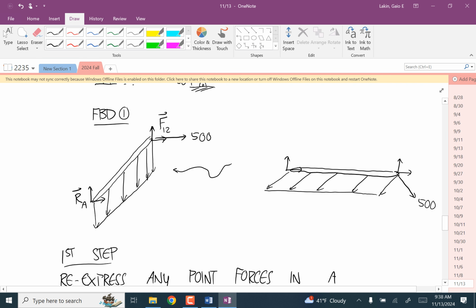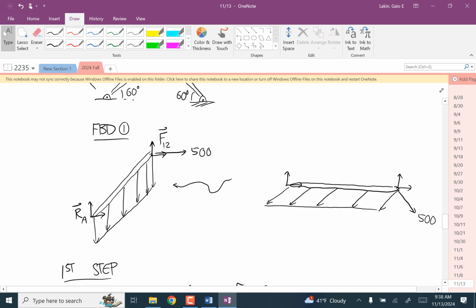Up until now, these downward distributed loads, we've just been calling a scalar value.